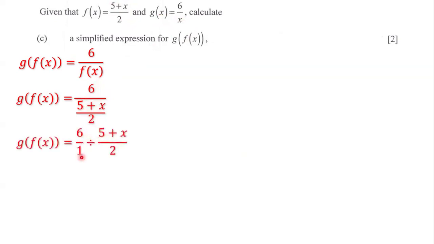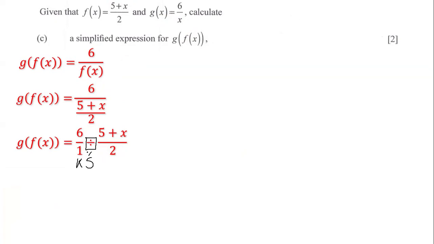So we have 6 over 1 divided by 5 plus x over 2. And so we have 2 fractions that we're dividing. Whenever you're dividing 2 fractions, you have to keep, switch, and flip. What does that mean? That means we're going to keep the 6 over 1. We're going to switch the division sign into a multiplication sign.